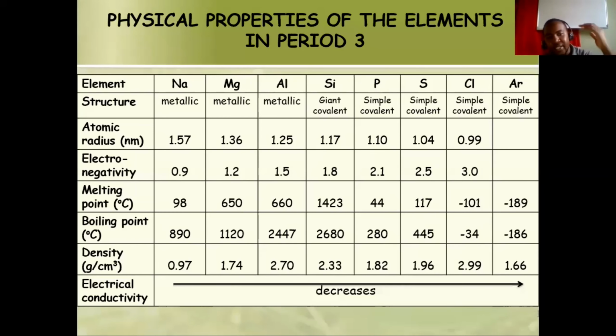So the attractive force between these will be greater going from left to right. So that's the main reason why the radii actually decrease. So the radii is not totally dependent on the amount of shells, right? Because remember, all these elements have the same amount of shells, right?